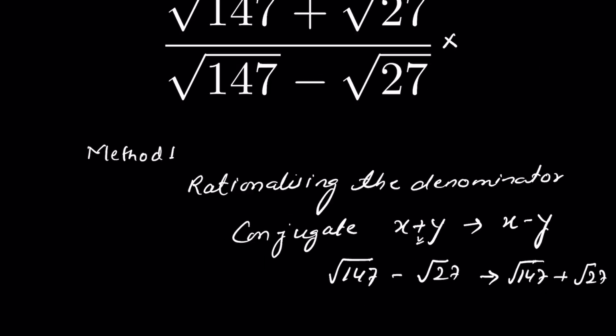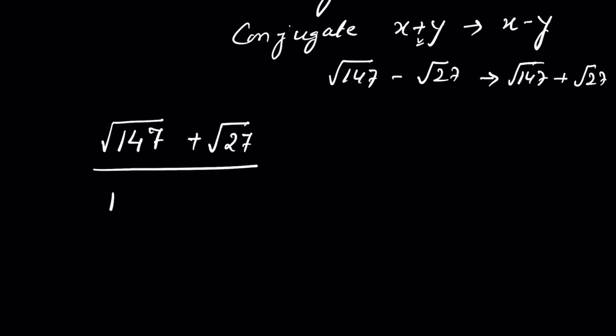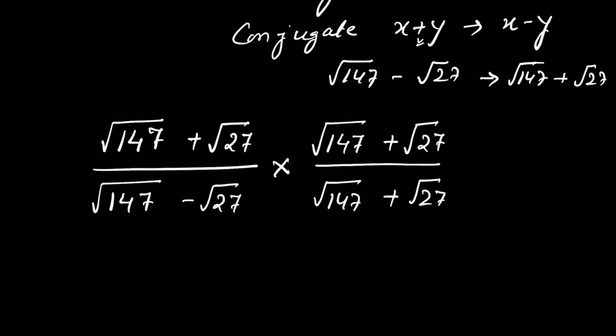Now here we have square root of 147 plus square root of 27 upon square root of 147 minus square root of 27. So we divide and multiply by the conjugate of the denominator. So square root of 147 plus square root of 27 upon square root of 147 plus square root of 27.